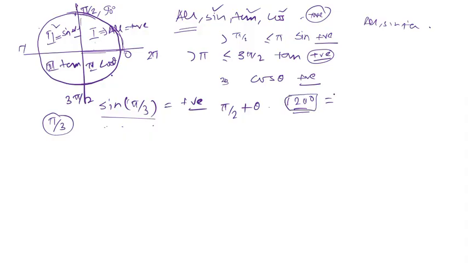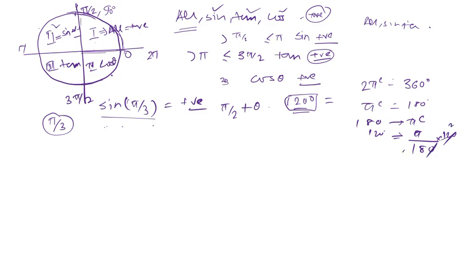How do I convert 120 degree to radian? I know 2 pi radian is 360 degree, so pi radian equals 180 degree. So 120 degree will be pi by 180 into 120, and this is how you can convert. So 2 pi by 3.